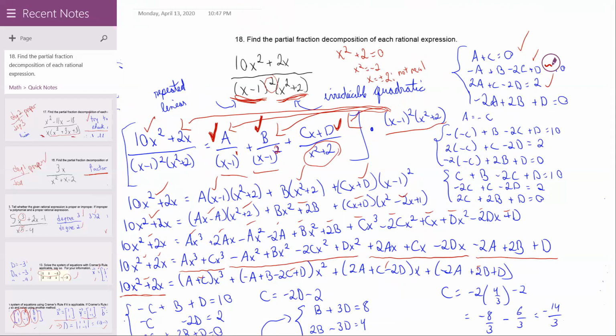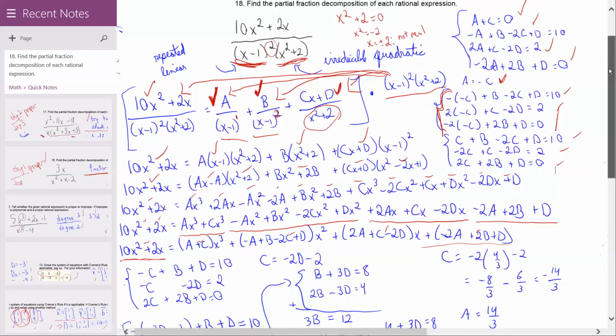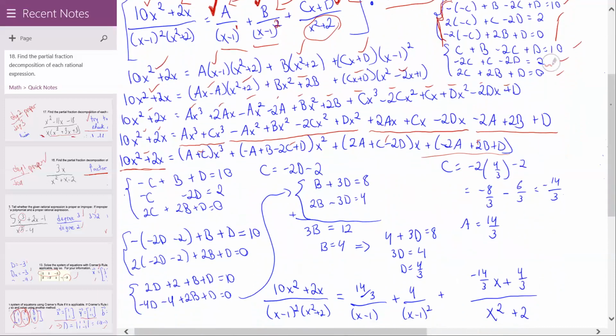And negative 2a plus 2b plus d equals 0 because there is no constant on the left side. So here my first step was to say that a equals negative c. And then here I've replaced every a with negative c. So now I have 3 equations, 3 unknowns. And then I came down here and rewrote them nicely.